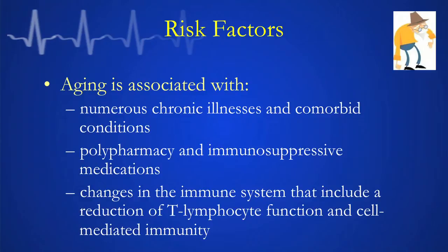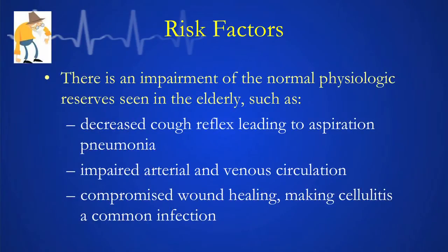And then you get changes in your immune system that include a reduction in T cell function and cell-mediated immunity. You also see an impairment of the normal physiologic reserves. So you have a decreased cough reflex that can lead to aspiration pneumonia. You can have impaired arterial and venous circulation that lead to wounds and cellulitis. The compromised wound healing makes cellulitis an especially common infection.